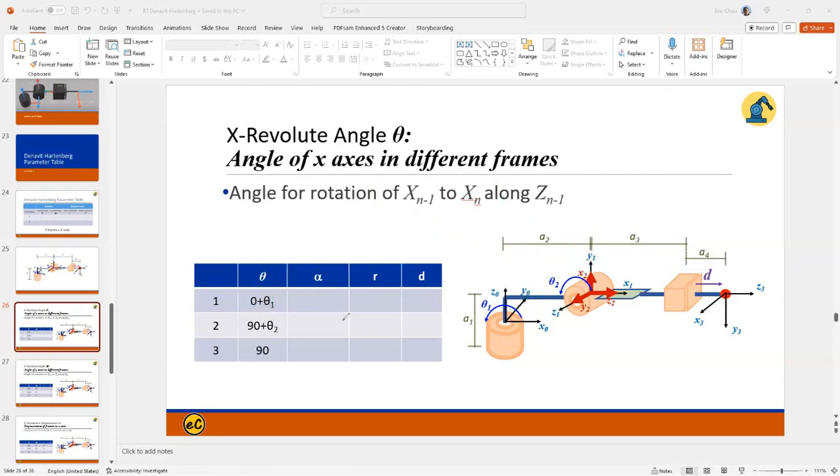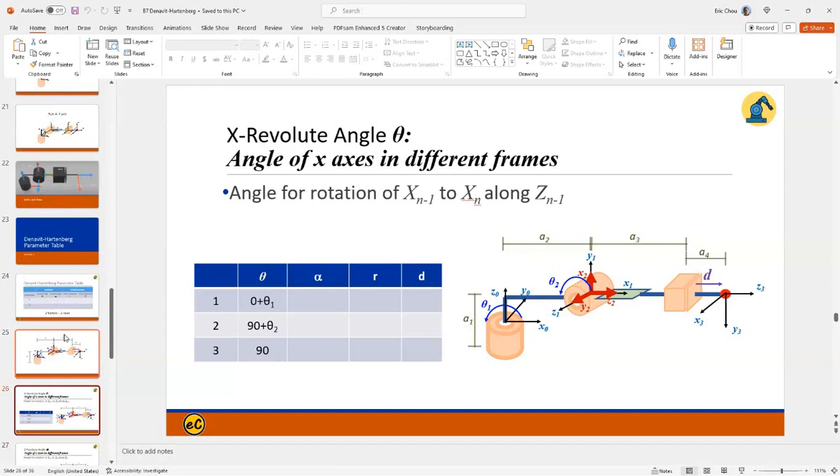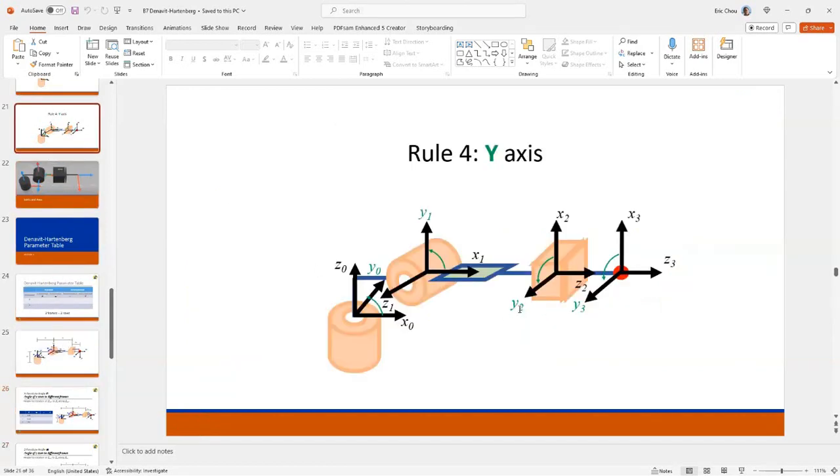Along the way, we also calculate theta 2. Theta 2 here, S1 is right here. S2 and S1 actually overlap because we can put them together. When we do modeling, we actually have S1 and S2 separate.